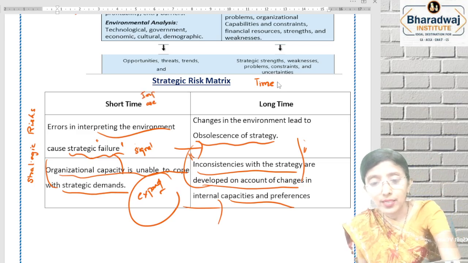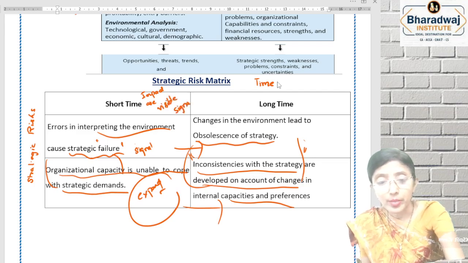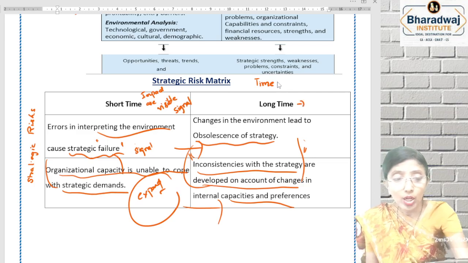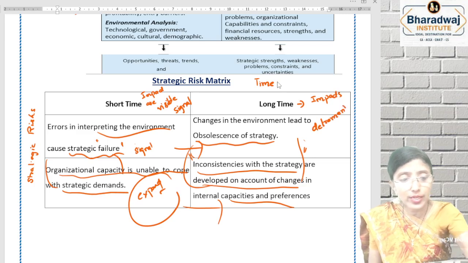So take it as a signal, because if you miss it, the long-term impacts are adverse, detrimental to the growth of the organization.